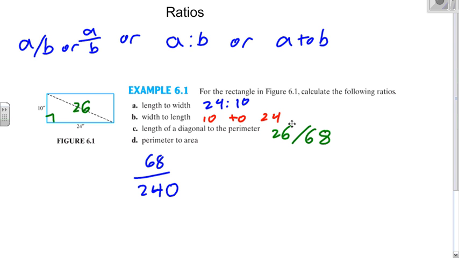Now the only thing that we need to do for each of these is they all need to be reduced. So 24 to 10 would reduce to 5 to 12, or 12 to 5.